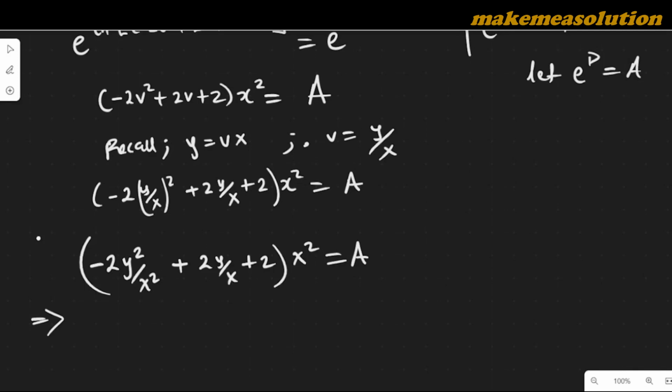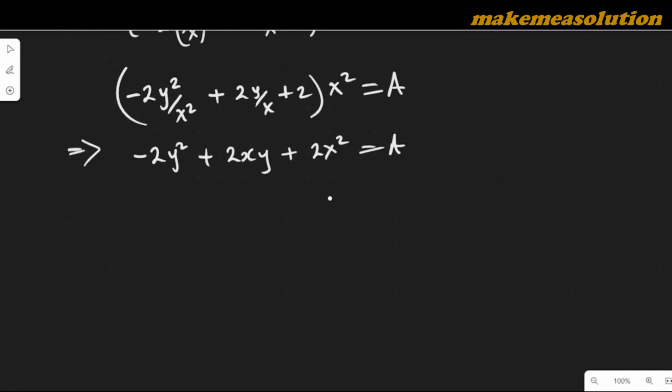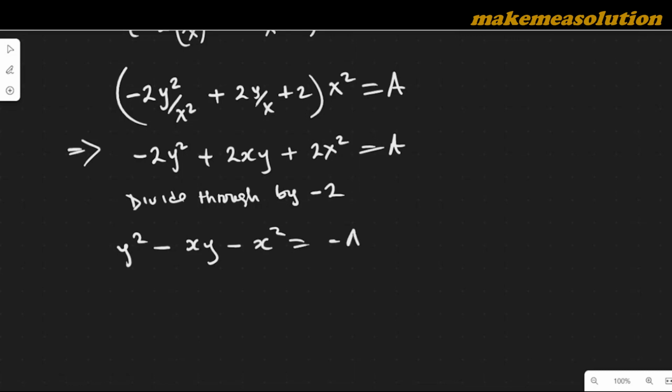So when we open the brackets, we'll have negative 2y squared, plus 2xy and plus 2x squared is equal to a. Okay, so we can divide through by minus 2.